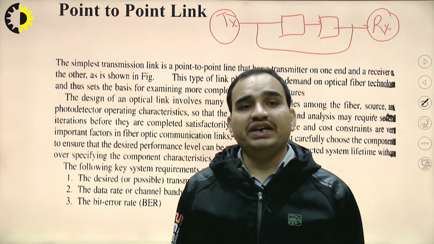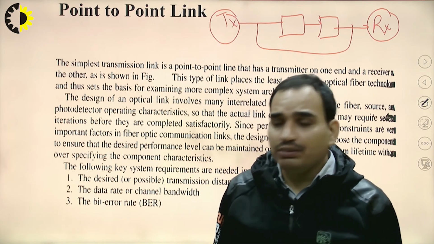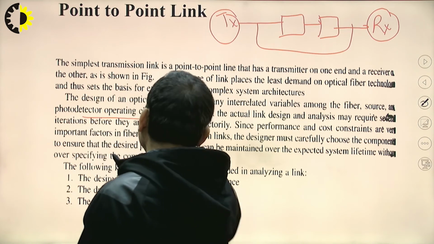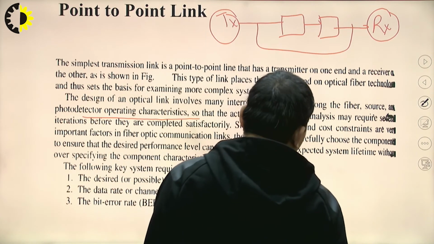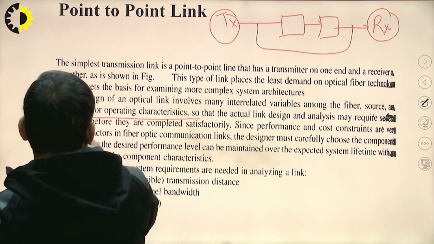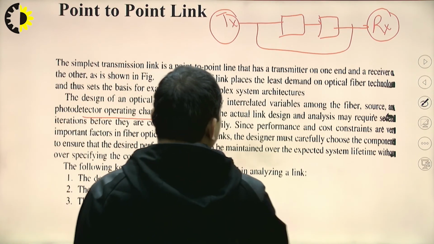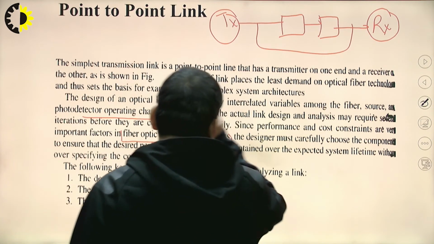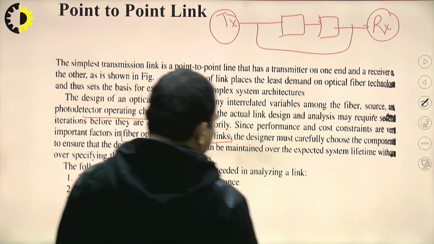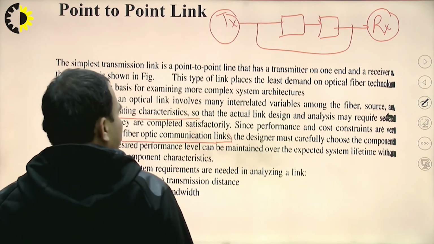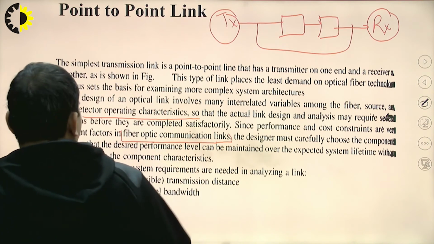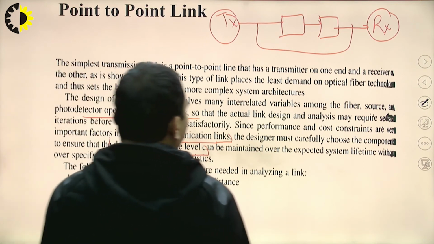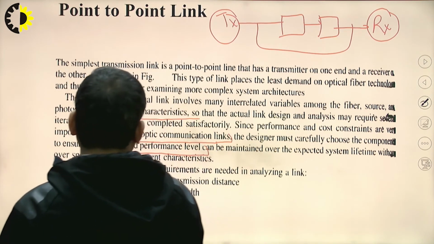The design of the optical link involves many interrelated variables among the fiber, the source and the photo detector operating characteristics, so the actual link design and analysis may require iterations before they are completely satisfied, since performance and cost constraints are important factors in a fiber optic communication link. That's why we are analyzing these parameters, and the designer must carefully choose the components to ensure that the design performance level can be maintained over the expected system lifetime without over specifying the component characteristics.